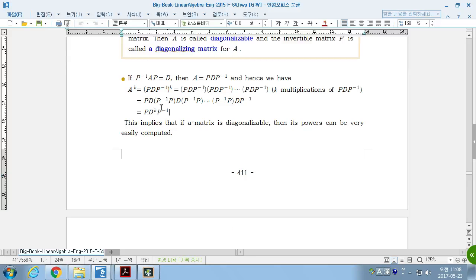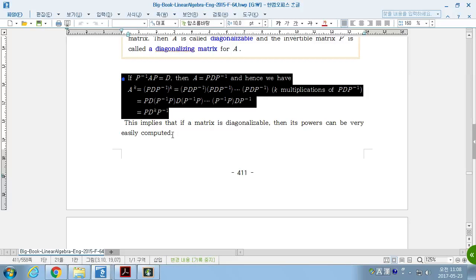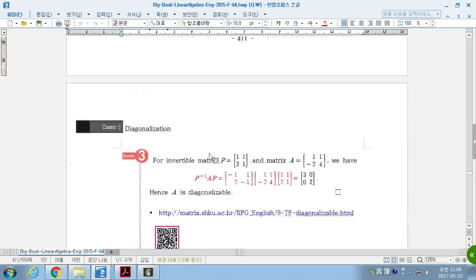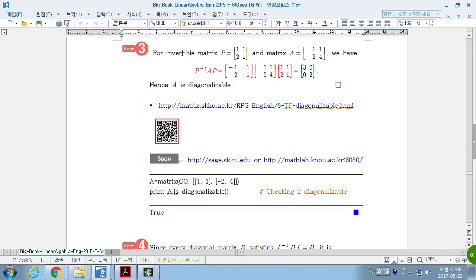So if the matrix is diagonalizable, any problem related to the matrix A can be easily computed with the diagonal matrix D instead of A, which is extremely easy to deal with. So for an invertible matrix P and a matrix A, if P inverse AP is this diagonal matrix, it means matrix A is diagonalizable, and P is a diagonalizing matrix for A.